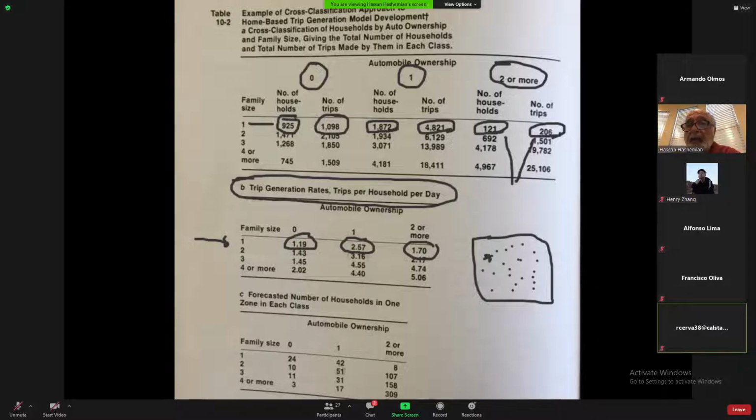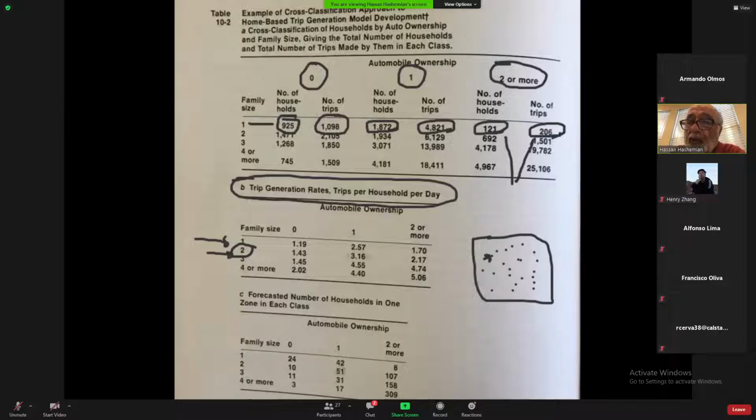Okay. Now the same thing happened for 2 people. If there are 2 people in the household and you have no car, you make 1.43 trips. With 2 people in the household and 1 car, it's 3.16.